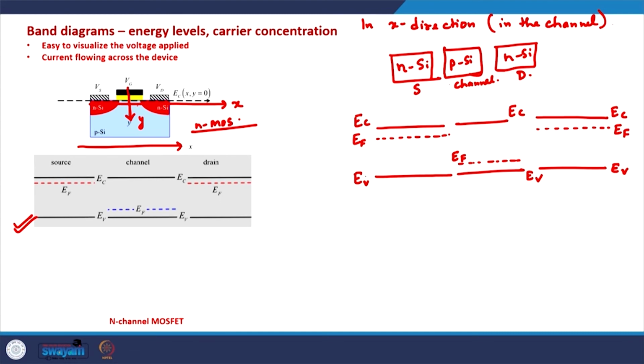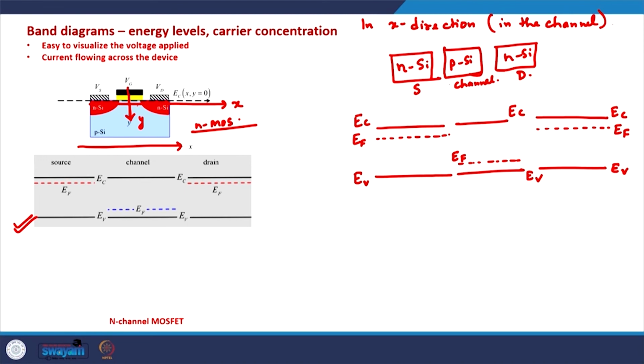So this is how the energy levels will look like, and the most important energy levels in any device are the band edges, the conduction band minima and the valence band maxima, and the Fermi level. This is what we have shown in the band diagram when these three materials are not joined with each other.